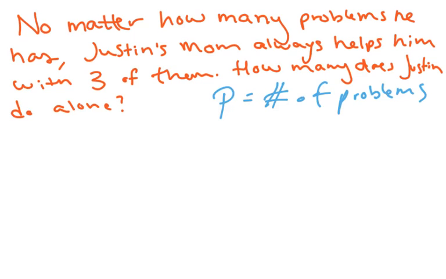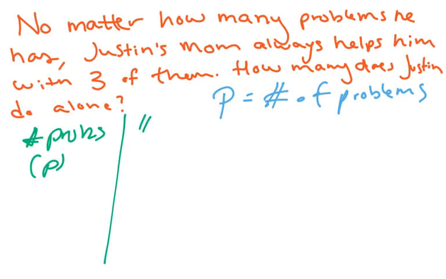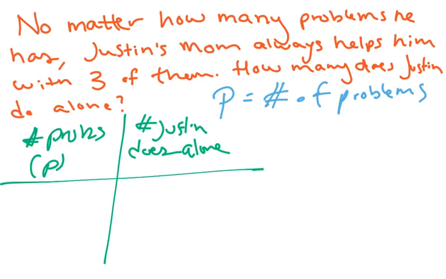Okay, I'm going to make myself a little chart just to make sure that I'm getting it all right. Number of problems, which since I already defined my variable, I could just say P. And then number that Justin does alone. Okay, let's say today Justin has 10 total homework problems.